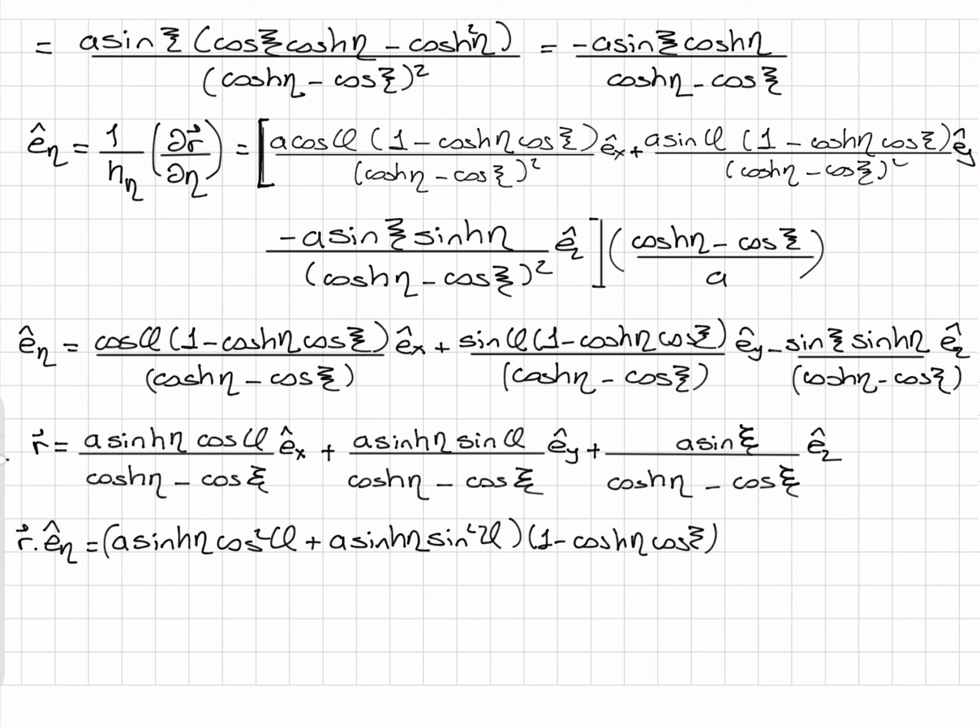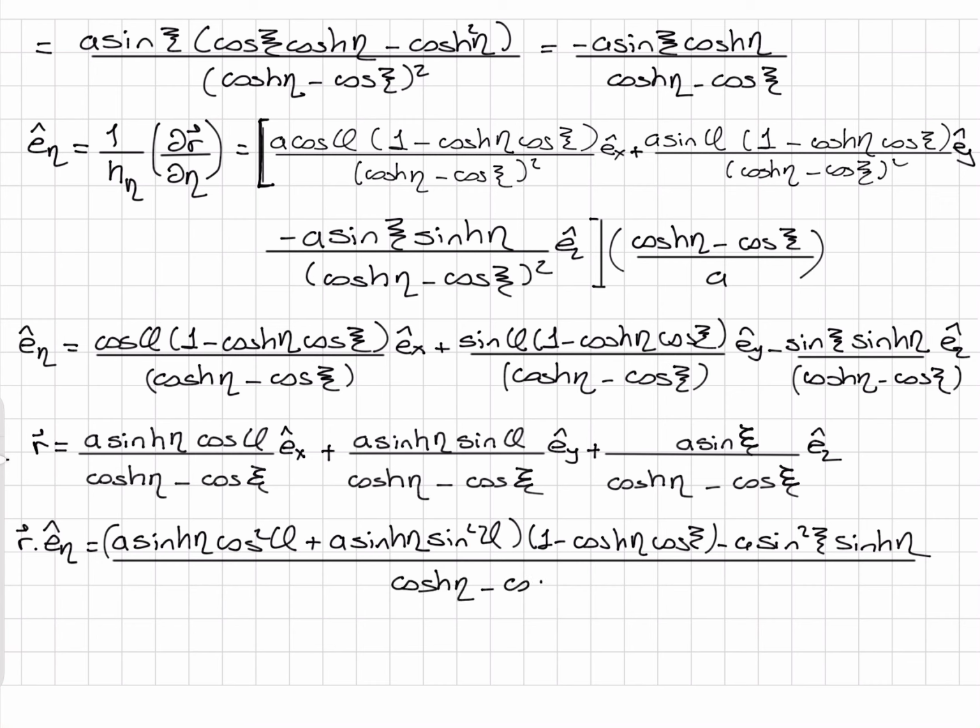And for the z part, we will have minus a sine square psi sine hyperbolic eta, and this is divided by cosine hyperbolic eta minus cosine psi squared.